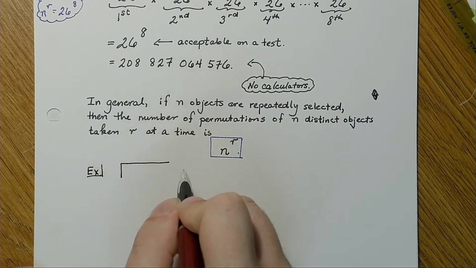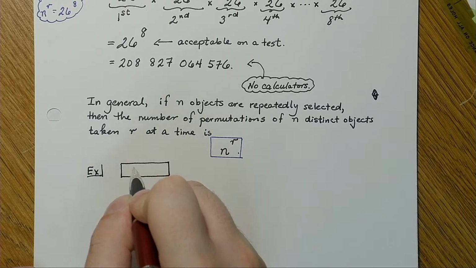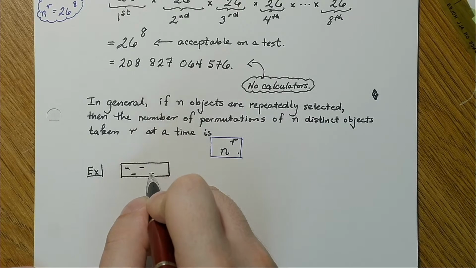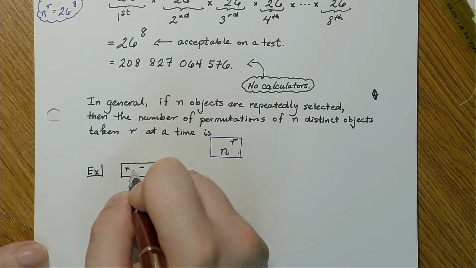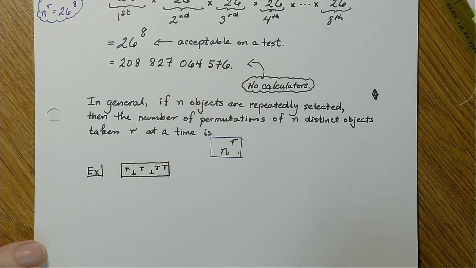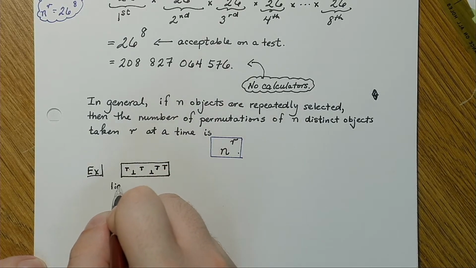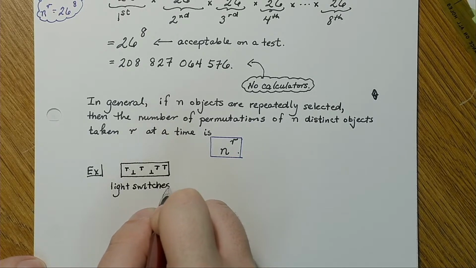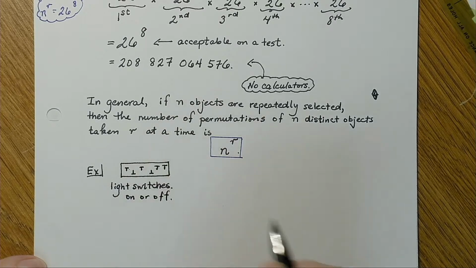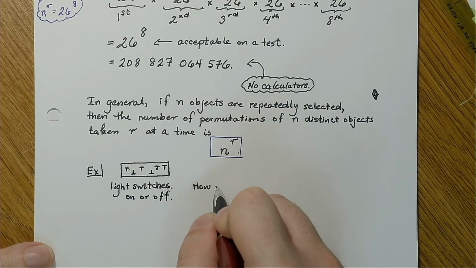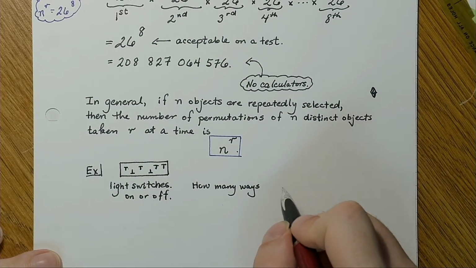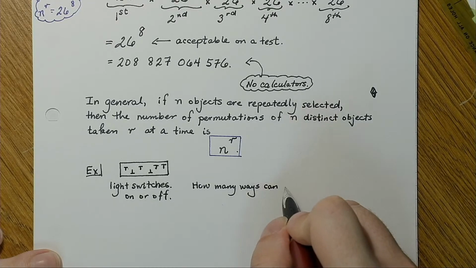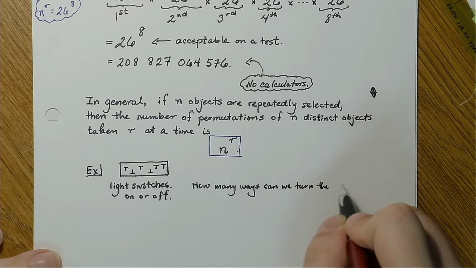There are 6 switches, 1, 2, 3, 4, 5, 6, like little light switches. They're on or off. How many ways?